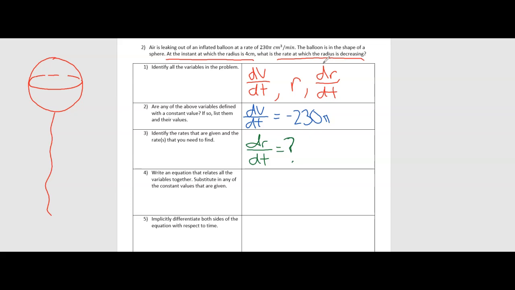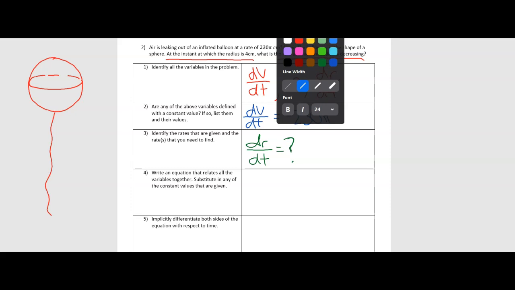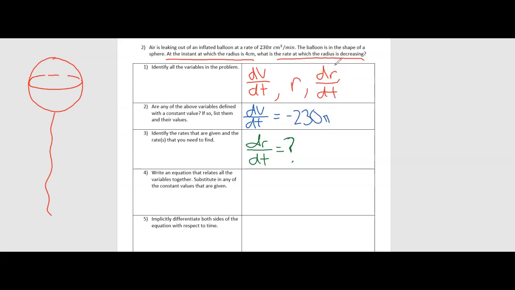And we need to figure out how we can relate those. So how can we relate essentially volume with radius when we're talking about a balloon that's a sphere? Well, if we think back to geometry or middle school, the volume of a sphere is equal to 4/3 pi r cubed. A lot of times they will give you the volume formula or the surface area formula or some other formula that you may need if it's one that you're not using all the time, right?